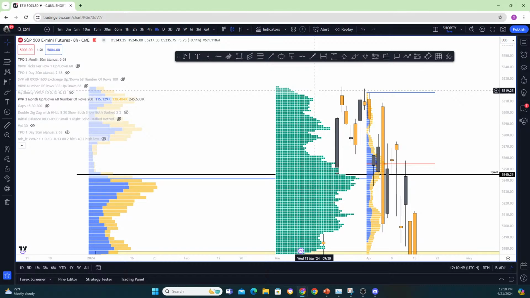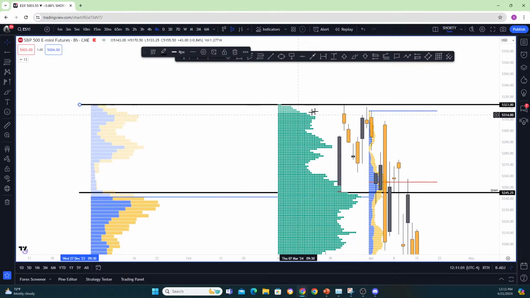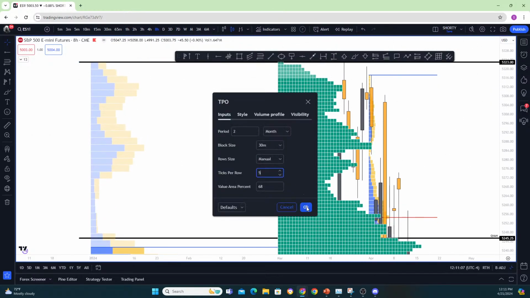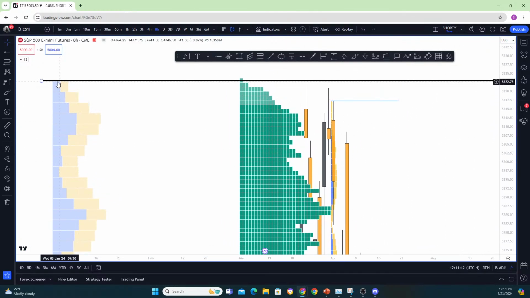This is the top you want to see, the poor high? No. I want you guys to think a little bit. So if this is my high here that left basically 2 TPOs at the top for 2 months, and I'll try to go lower TPO tick size, this means what? Has the auction finished properly here or not?